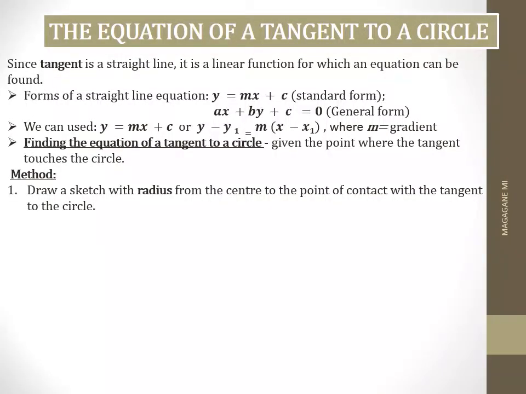Step number 1, draw a sketch with the radius from the center to the point of contact of the tangent to the circle. So it means we have the center and the point where the circle and the tangent touch. So we draw a circle with a radius and a tangent to the circle.